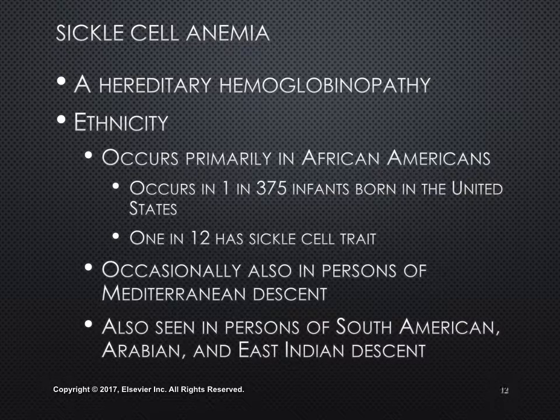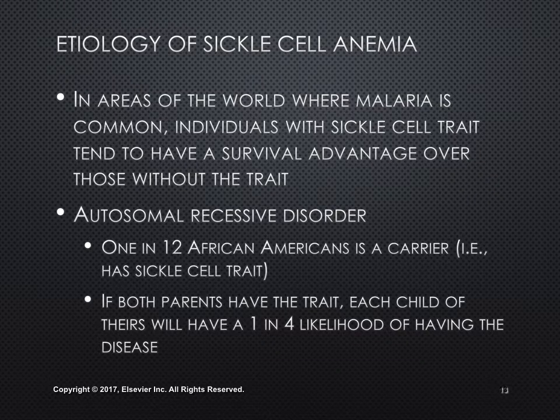Occasionally, we also see it in persons of Mediterranean descent. It also is seen in persons of South American, Arabian, and East Indian descent as well. What we find with sickle cell is that it's common in areas of the world where malaria is also common, and individuals with sickle cell trait tend to have a survival advantage over those who don't have that trait.